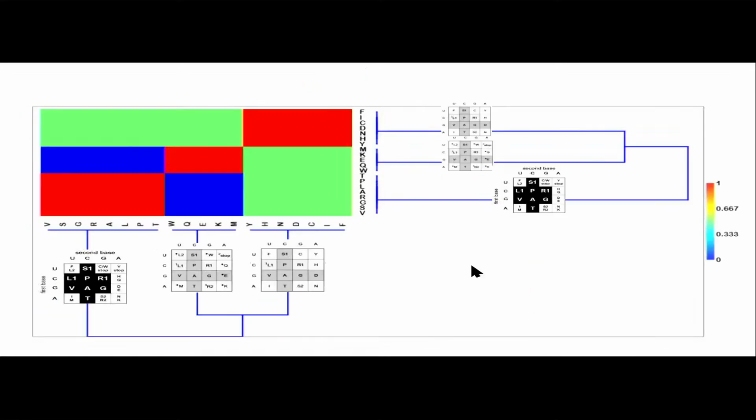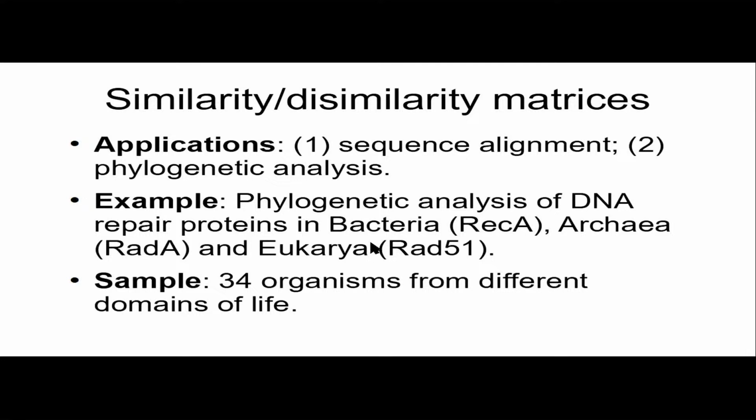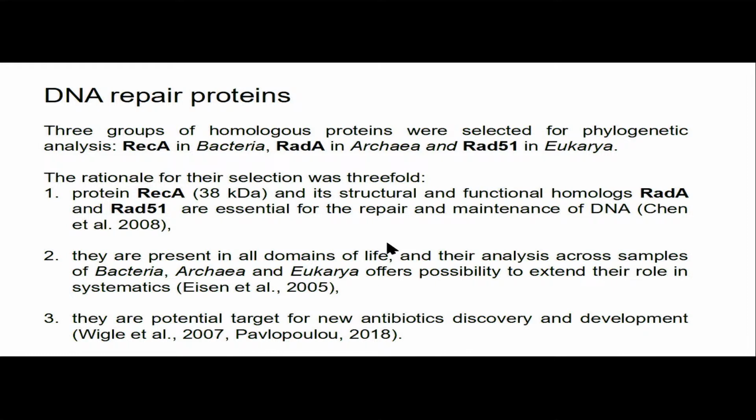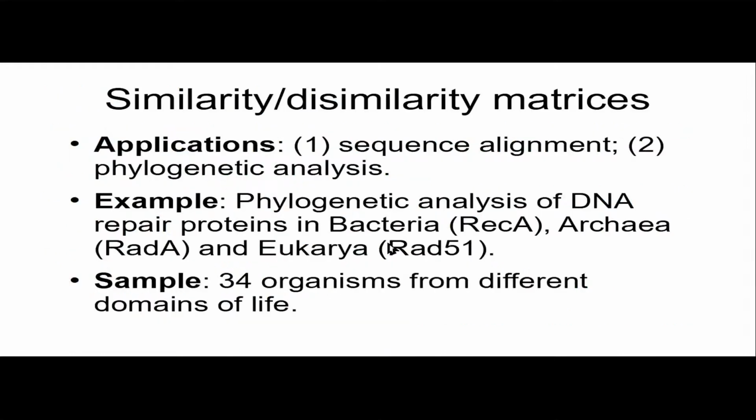We obtained a two-dimensional matrix and calculated the distances to see phylogenetic trees. It was done in a standard way, and we used one essential protein for DNA repair.